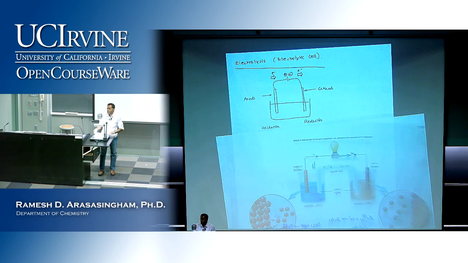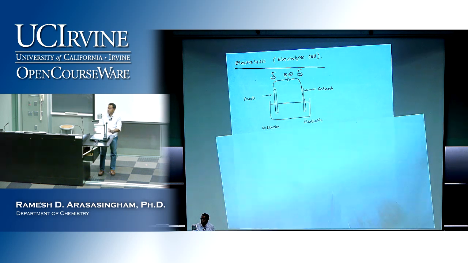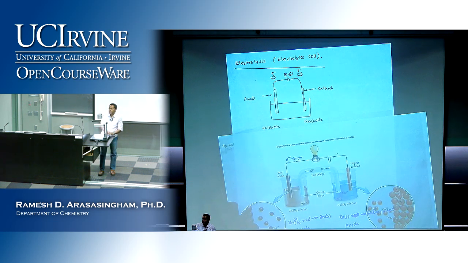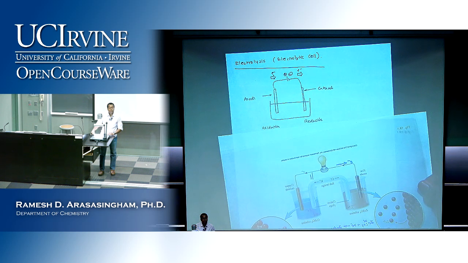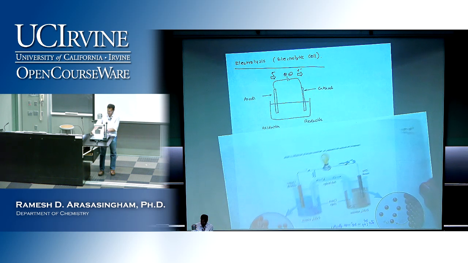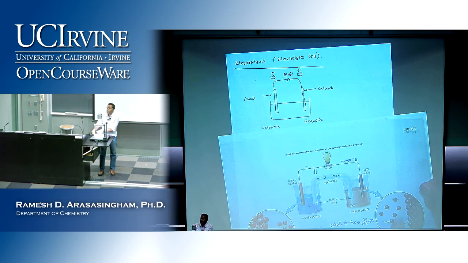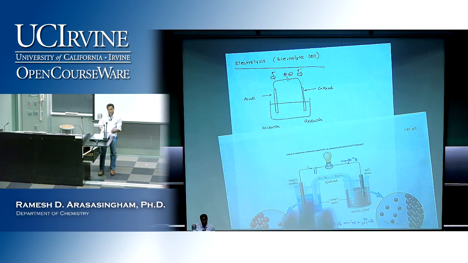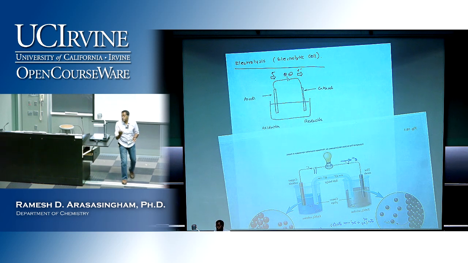Do you understand that? So I took this cell, and this is where some people get a little confused because we're reversing the reaction, but actually what I'm doing is flipping it over because we always keep the anode on the left-hand side and the cathode on the right-hand side. Do you see that? And so this is what I'm doing, all right? And I flipped it over so that I keep the anode on the same side because that's where the oxidation always takes place, but in reality we've actually reversed it, all right?